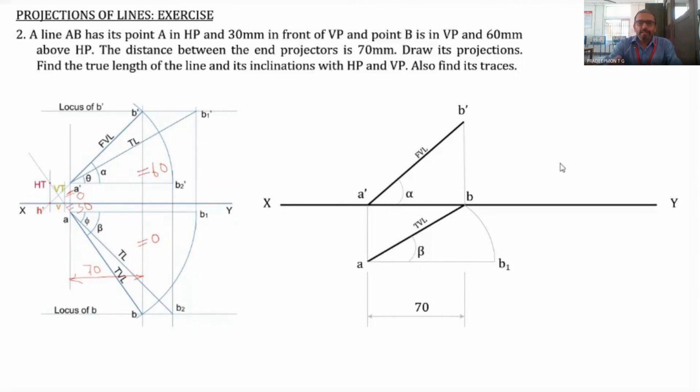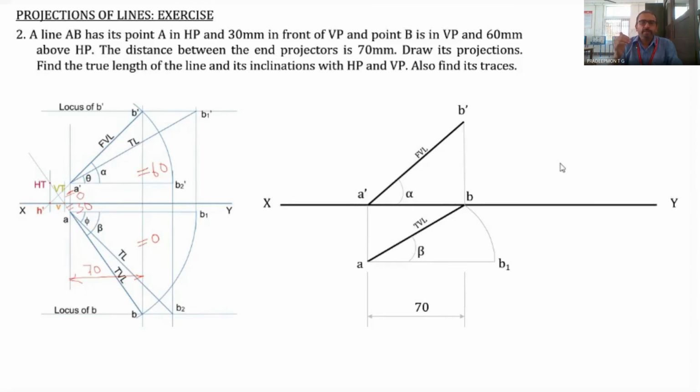The dissimilarity between the two figures is because of the data, the base figure as well as our actual figure. It is just because the appearance is not similar, but the concept is similar. The difference is that in the base figure, what we considered is A is closer to HP as well as closer to VP, and B is away from HP as well as away from VP.